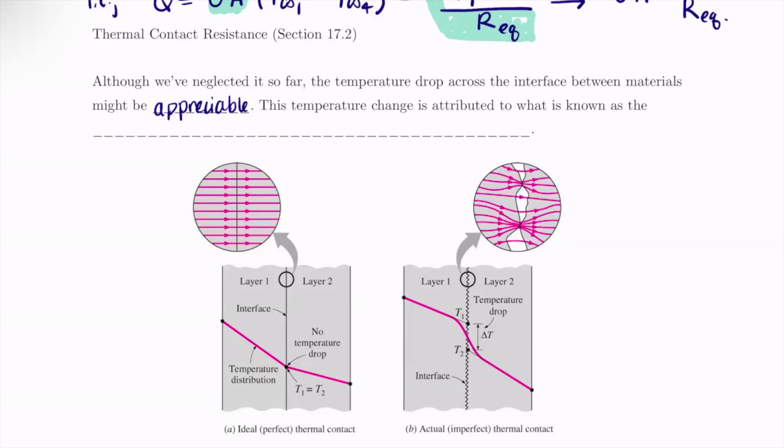And this temperature change is attributed to what's known as the thermal contact resistance per unit area. Thermal contact resistance per unit area. And it is defined as RTC.